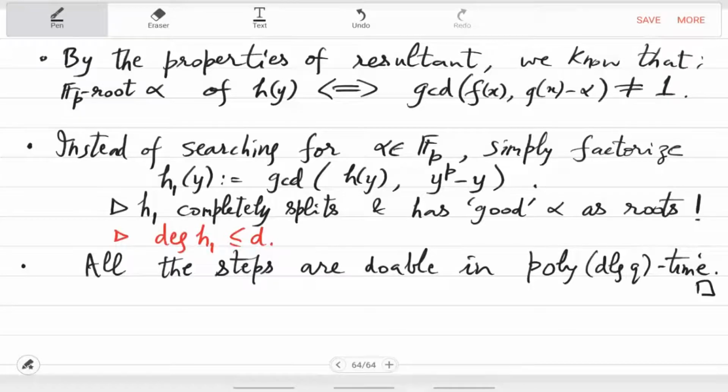Sir, where is that thing getting handled? Like you said, polynomial may be irreducible in prime field, but not in F Q. Yeah, then each one will be degree, each one will be 1.